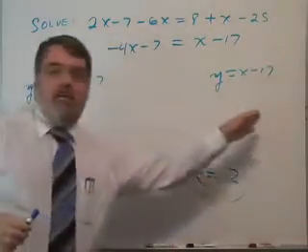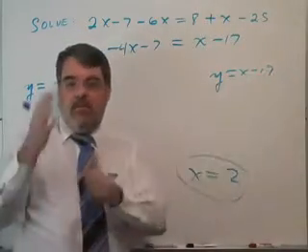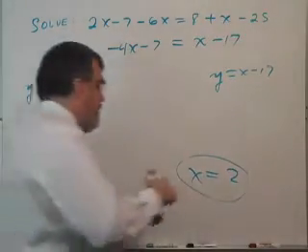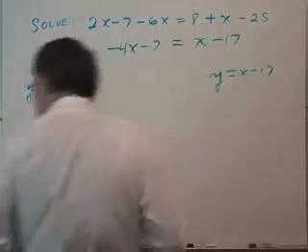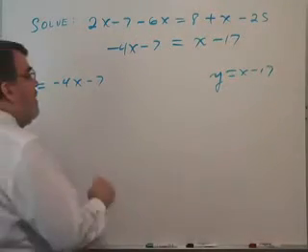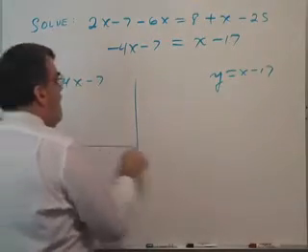You may recall from your first algebra course that these are equations of lines that you can graph. And what happens when you graph these, and I'm just going to have to really guesstimate it here. I'm not going to try to make a really super graph, but let's see.